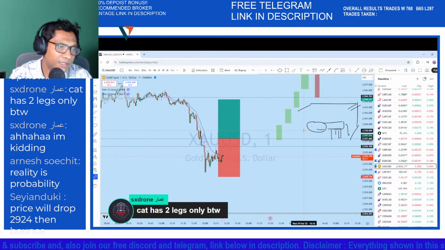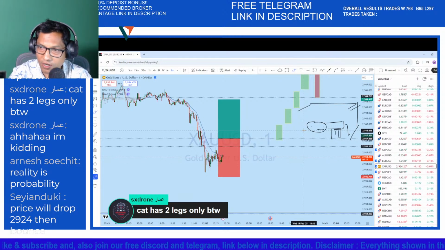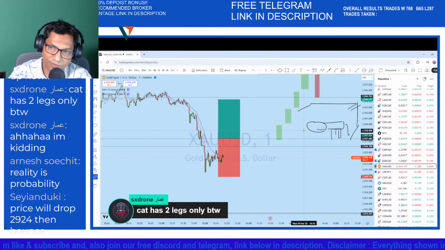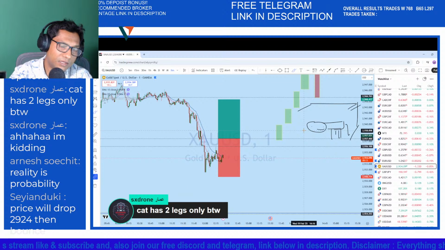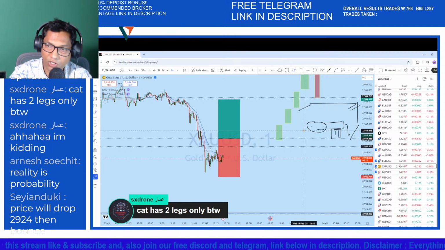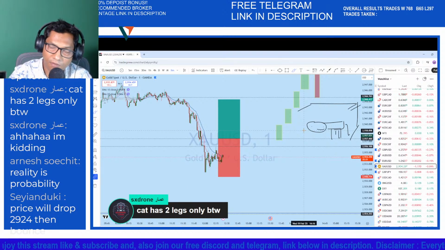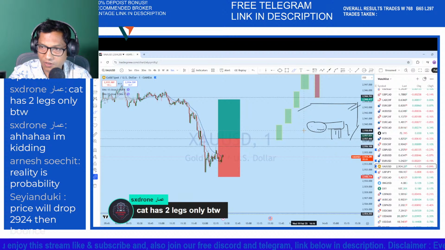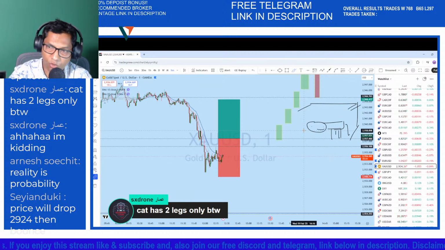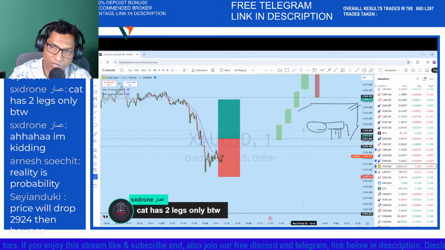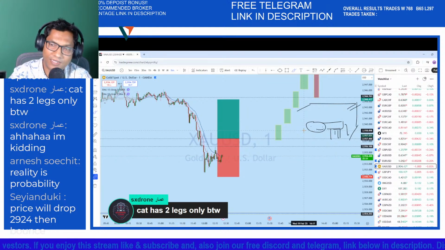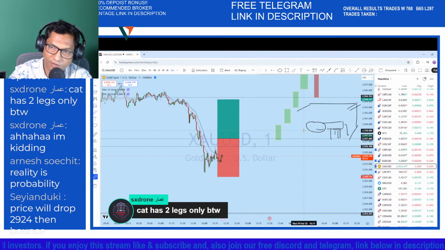So it has both components of winner and loser in the same trade. There is a 65% probability that this trade will be a winner, but at the same time a 35% probability that this trade will be a losing trade.